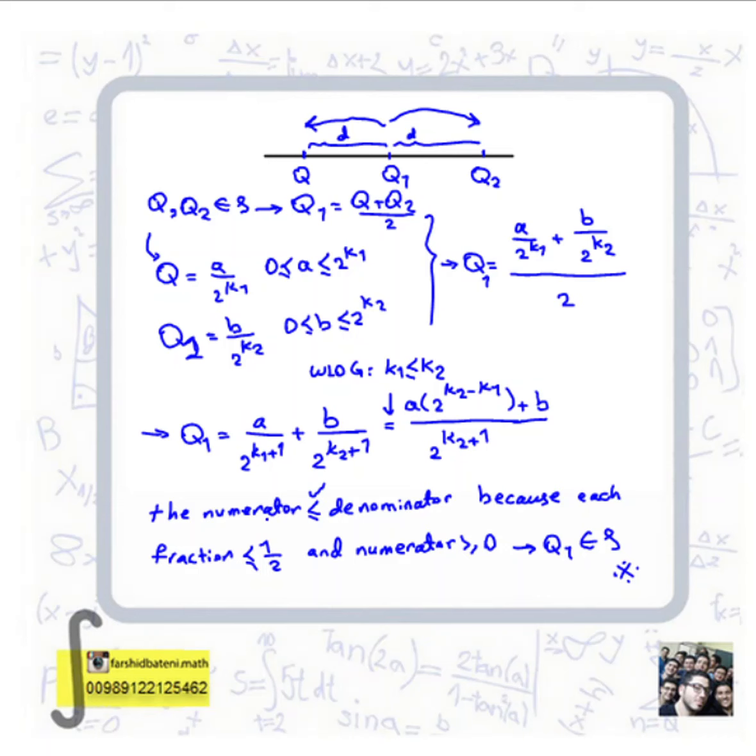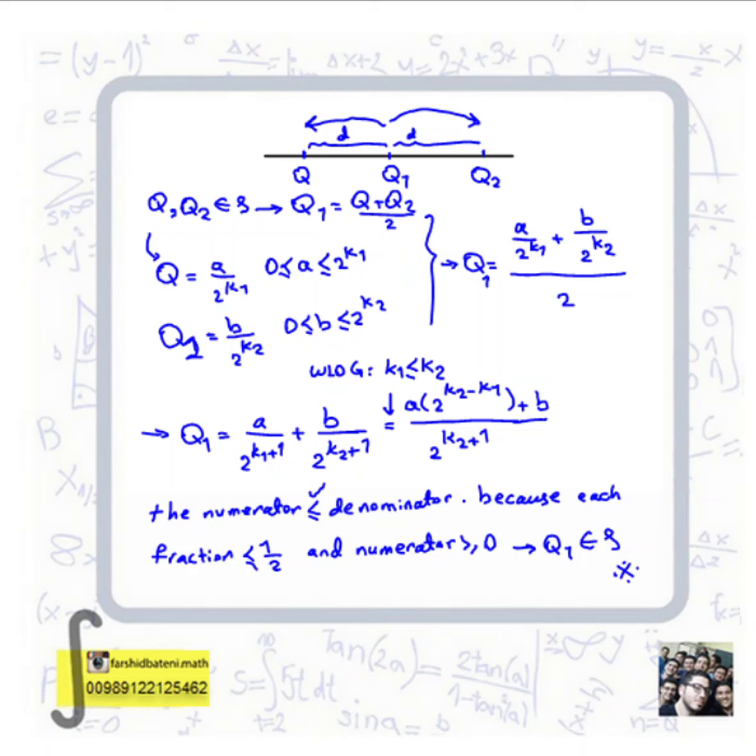At first, we must prove the numerator is less than or equal to the denominator. Q and Q2 belong to S, so these two fractions are between 0 and 1. The sum of them is between 0 and 2. By dividing by 2, this fraction is between 0 and 1. So we proved this condition.